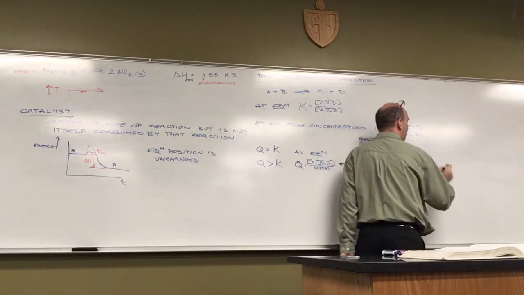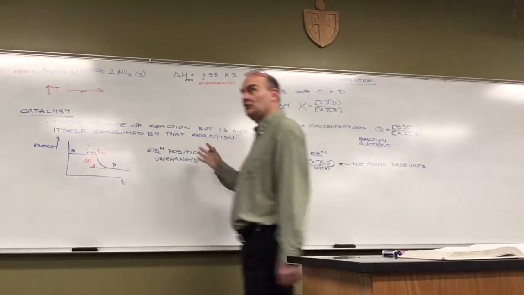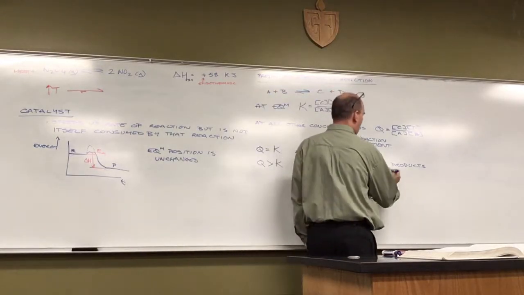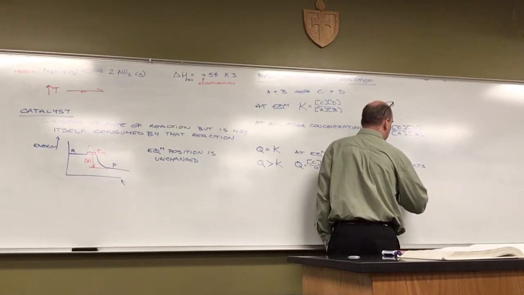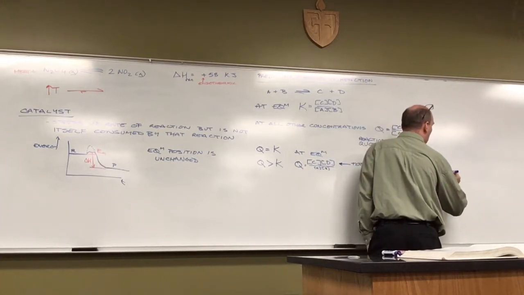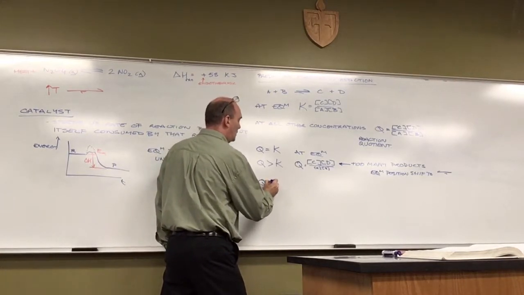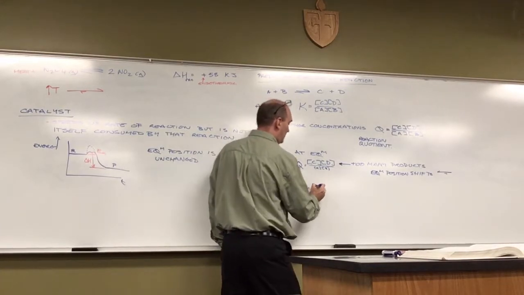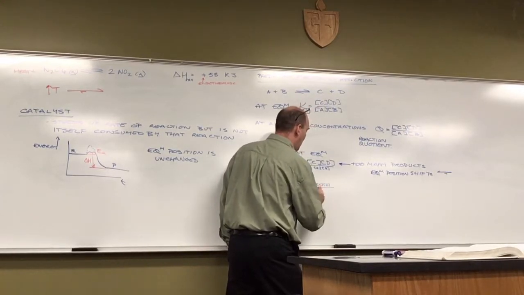Now, if I have too many products, which way is my equilibrium going to shift to reach true equilibrium? It's going to shift to the left. So my equilibrium position shifts left. Okay. When Q is less than K, that's because C and D are not big enough.